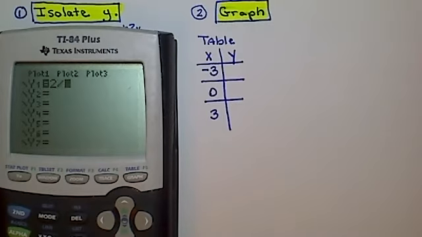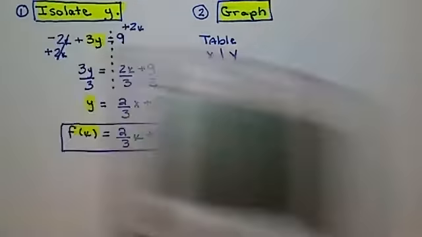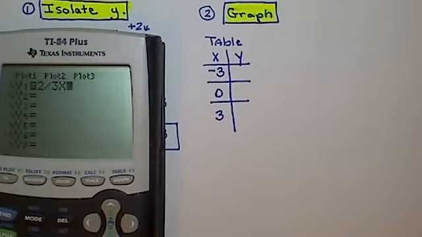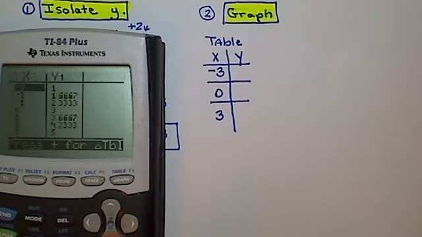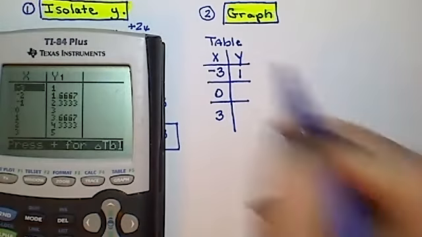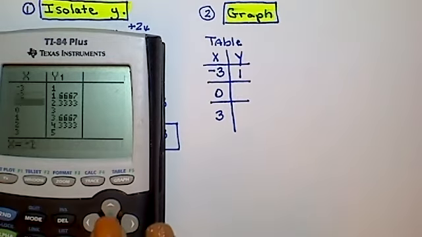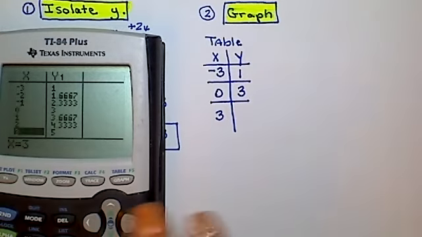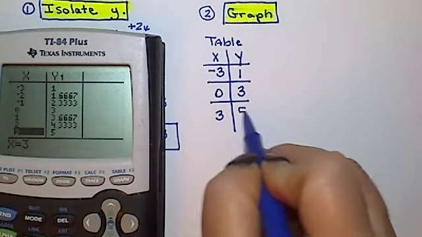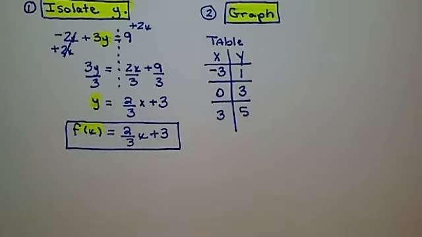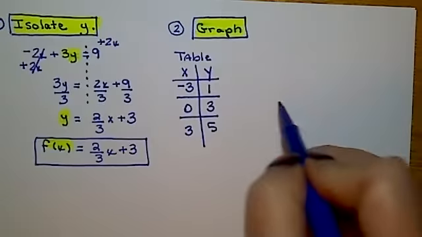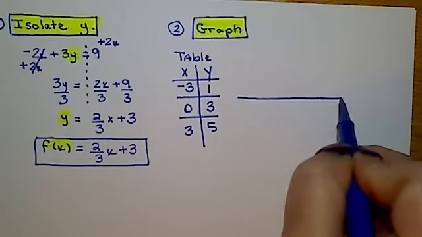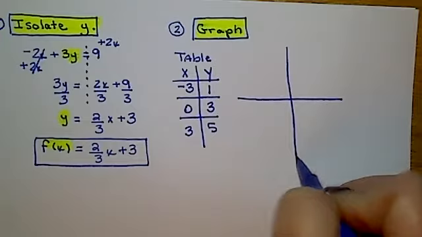So the function was 2/3 x plus 3. So to get to the table, we're going to hit second table, and -3 gives us 1, 0 gives us 3, and 3 will give us 5. So we'll take that and plot those points on the coordinate plane.